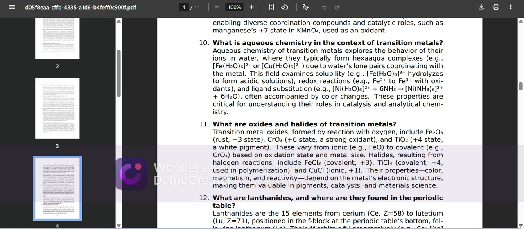These properties are critical for understanding their roles in catalysis and analytical chemistry.